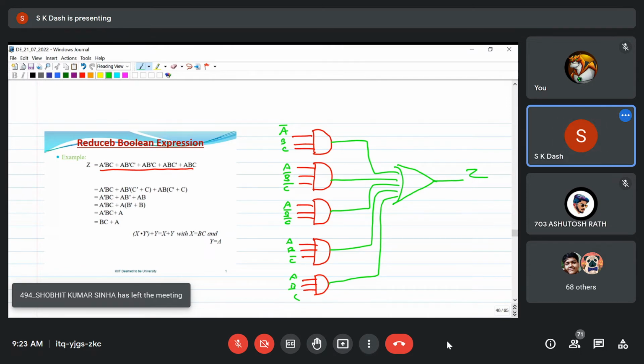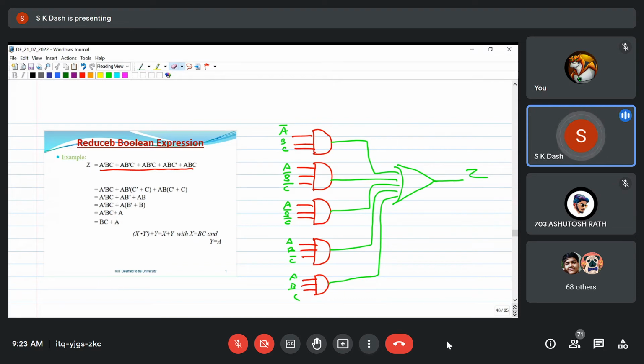So remember, the cost of the circuit will increase if more logic gates are used. More components are required, so it will be more costly. It also depends upon the number of inputs.